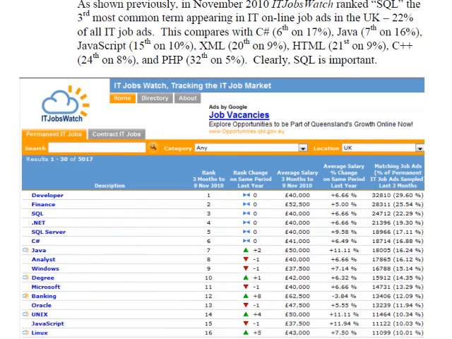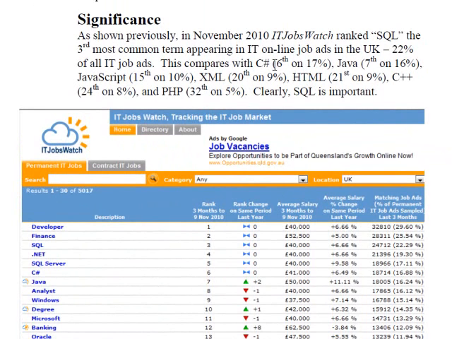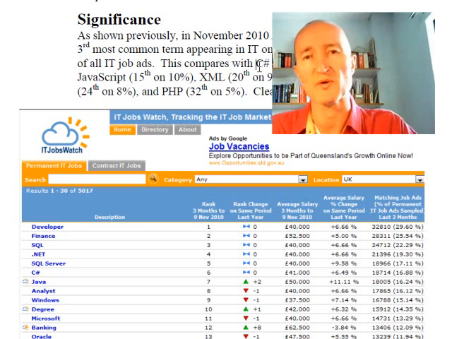Now, the study guide once again goes back to IT Jobs Watch, and what it's doing here is just emphasizing the relative importance in the job market of SQL in comparison with the other languages that we use in computing. Some of the languages highlighted here are general purpose programming languages that can be used to build whole database applications. SQL is not a general purpose programming language, it's a special purpose language.